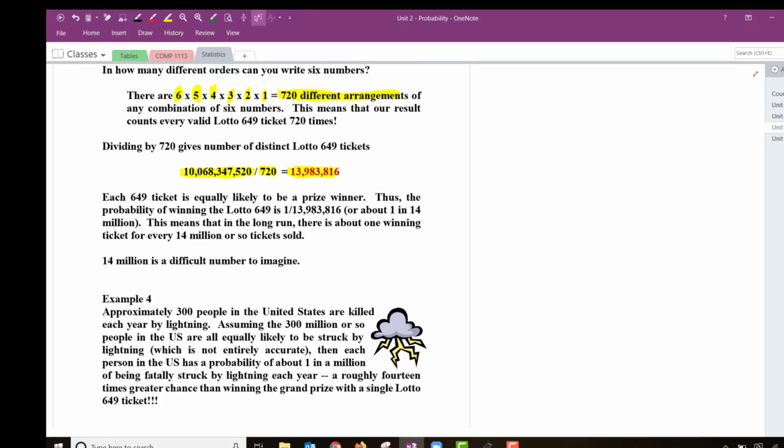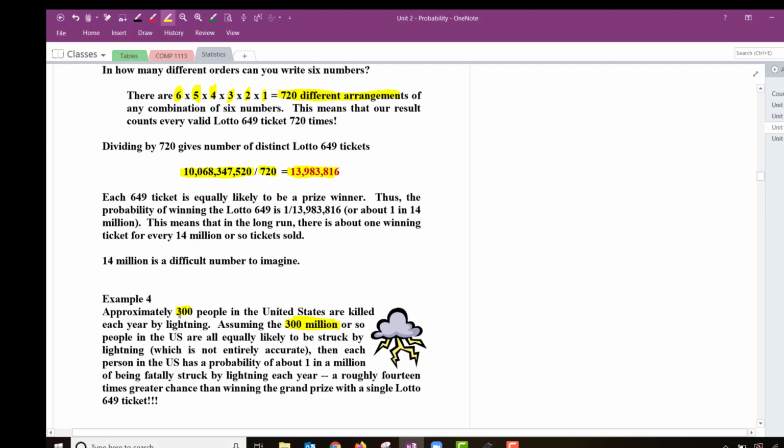I thought an interesting stat to compare it to might be, what are your chances of getting killed by lightning? So I found that in the US, just to approximate the numbers here, there are around 300 million Americans. It's a little bit more actually.